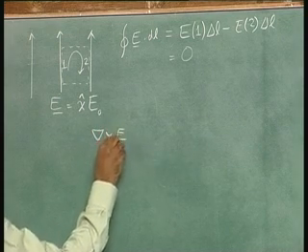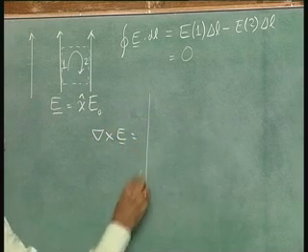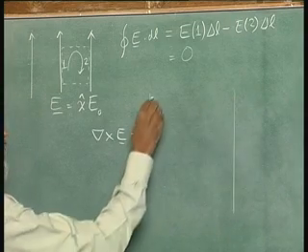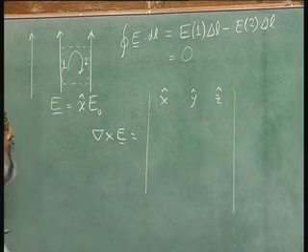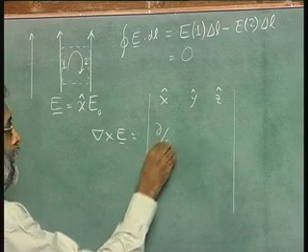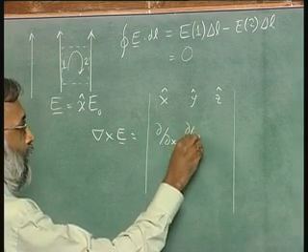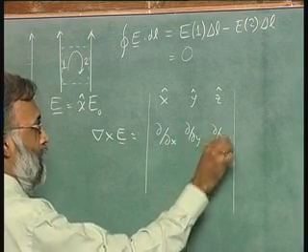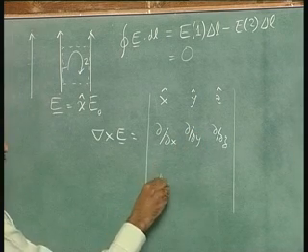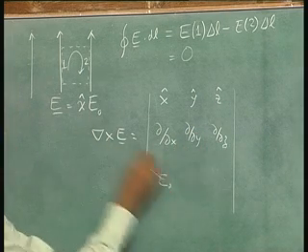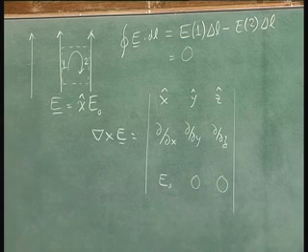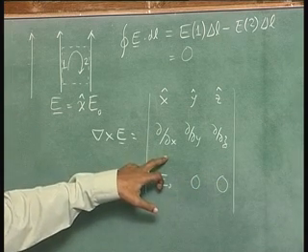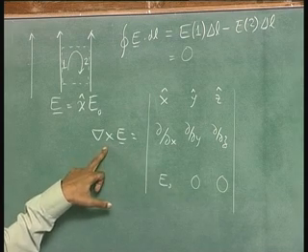Curl of E would be equal to, I will do the determinant, x hat, y hat, z hat, del del x, del del y, del del z. E x is E naught, E y is 0, E z is 0. So, I have to take the determinant of this matrix and that should give me curl.